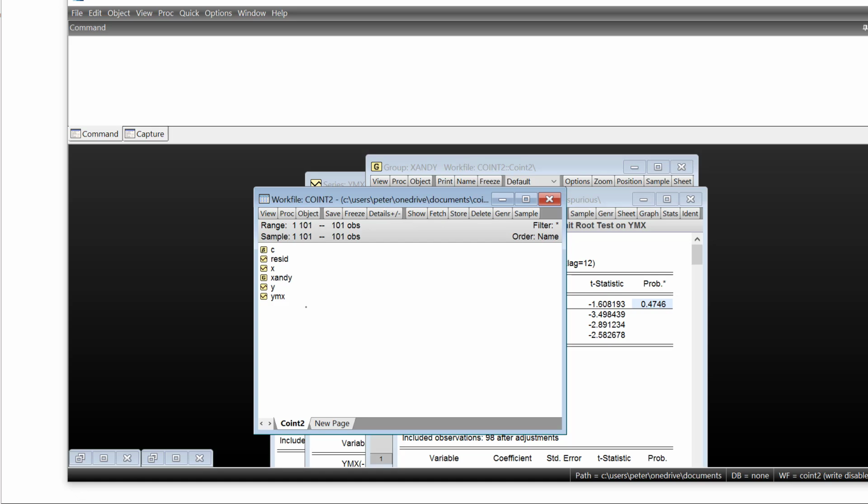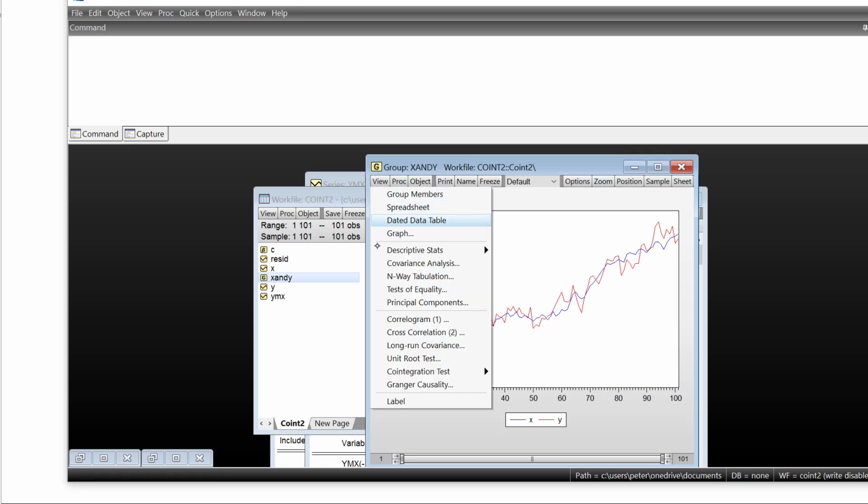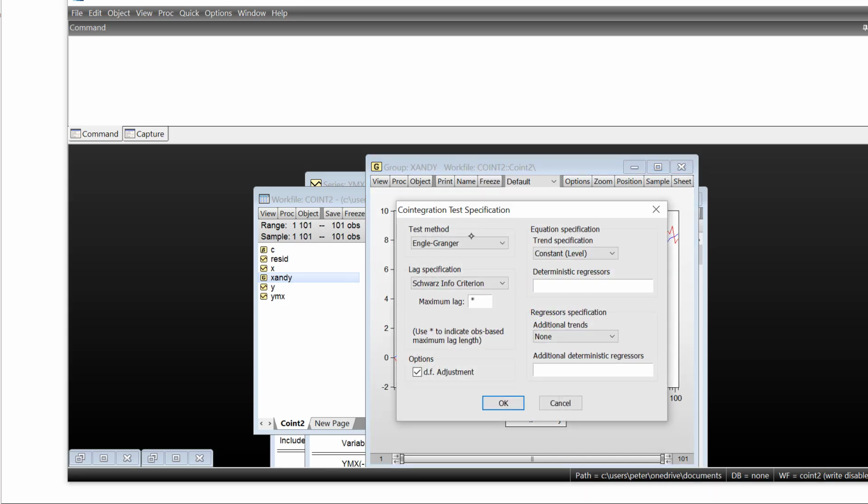Let's do the cointegration test first for the data that actually is cointegrated, to confirm that the test will give us the correct result. So the first step in EViews is to create a group containing your two variables. I can just open this group and then you just go to View, Cointegration Test, and it's a single equation cointegration test, and we use Engle-Granger.